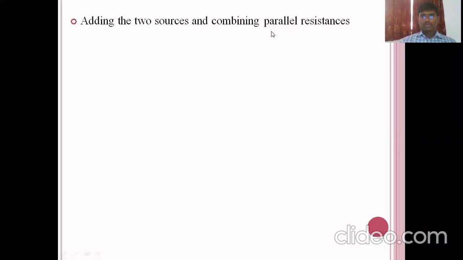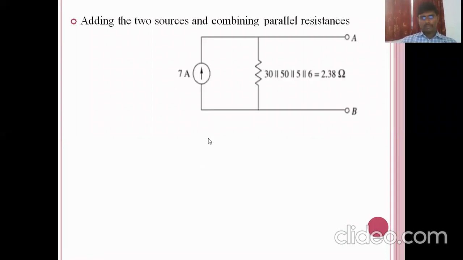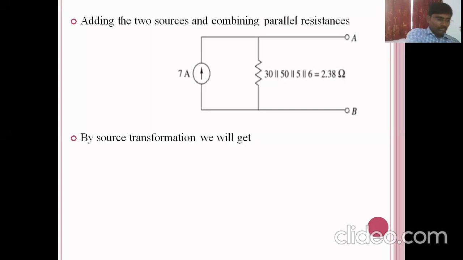Now you add the two sources and combine all parallel resistances. So this gives 2.38 ohms.